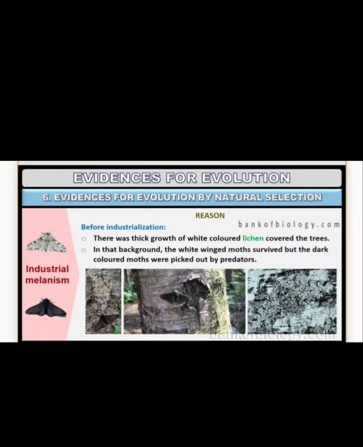That is why we call lichens pollution indicators, right? So before industrialization, lichen had grown, and to hide from the predators, the moths were white in color, so that they could easily hide against the surface background.